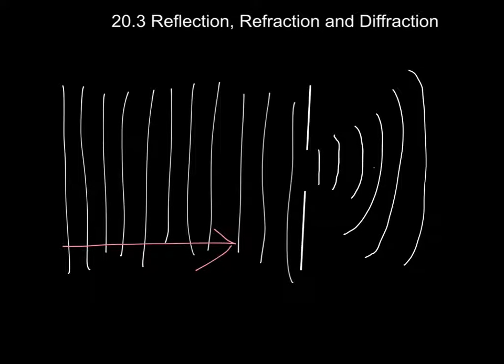That's because of diffraction. Now, the interesting thing about diffraction is that the amount that this spreads out is dependent on the wavelength of the incoming wave. So right here, we see that the wavelength is about 2 centimeters, maybe just a centimeter long, and our opening is about the same size. And so we see diffraction.